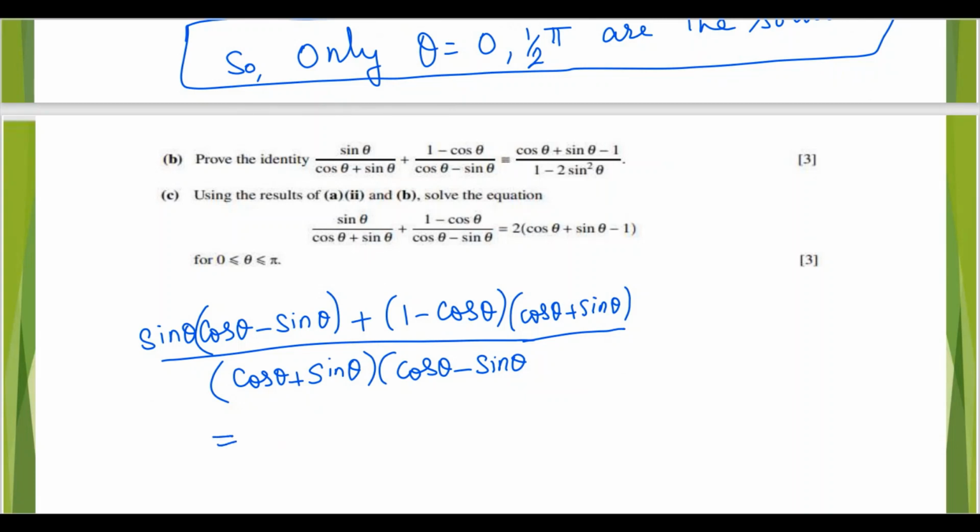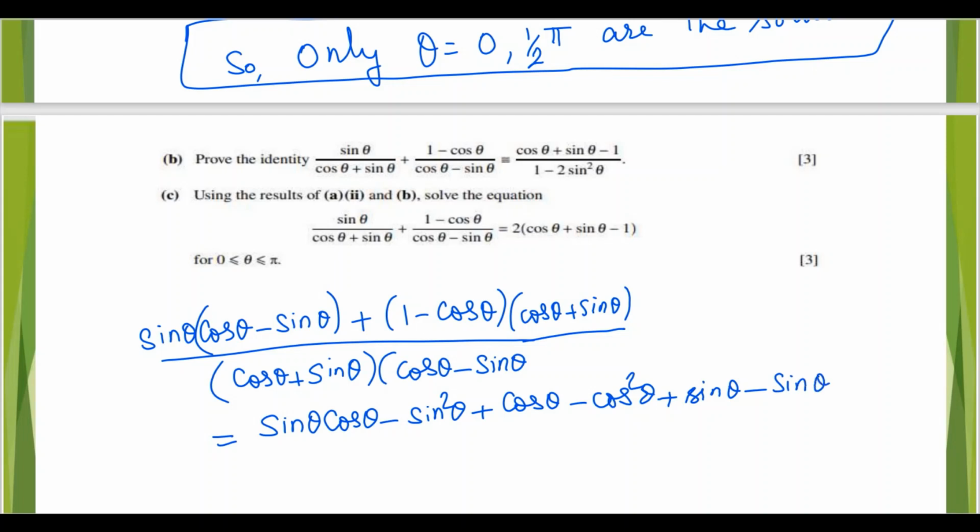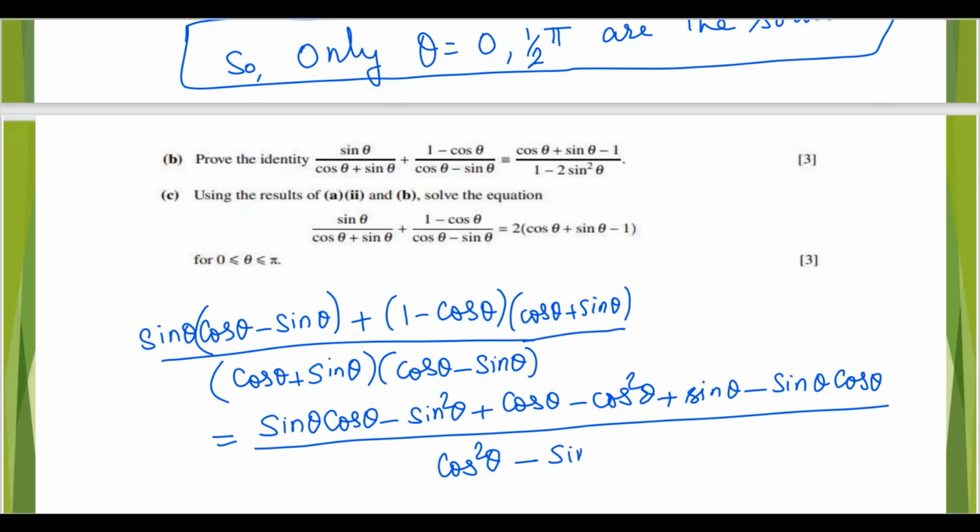And this is equal to sine theta cos theta minus sine square theta plus cos theta minus cos square theta plus sine theta minus sine theta cos theta, divided by cos theta plus sine theta multiplied by cos theta minus sine theta, which is cos square theta minus sine square theta.